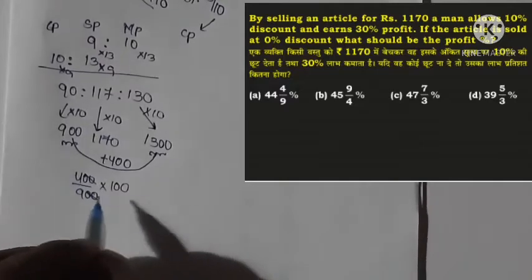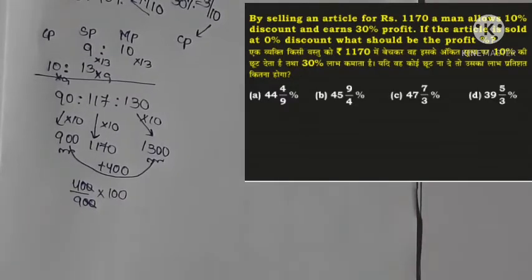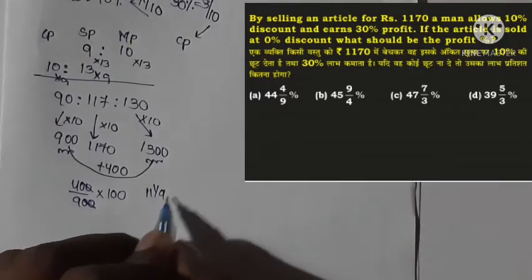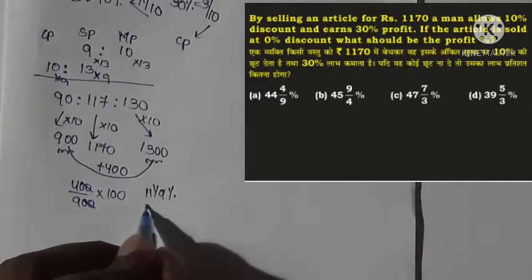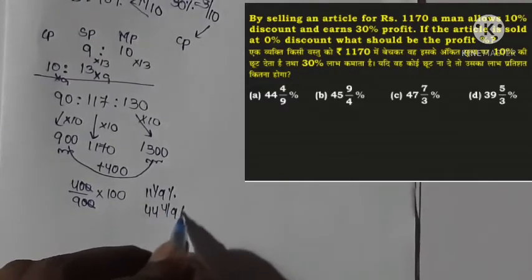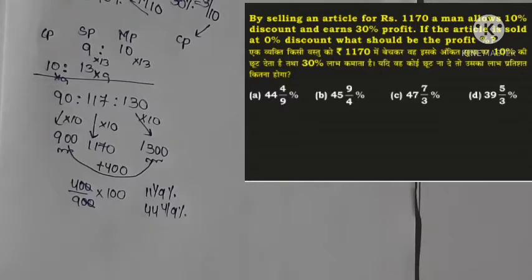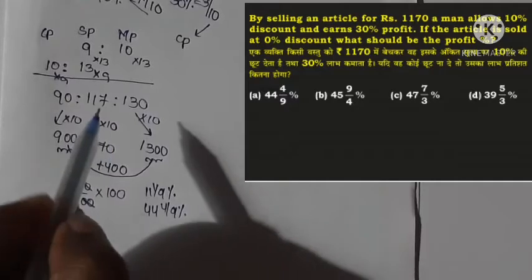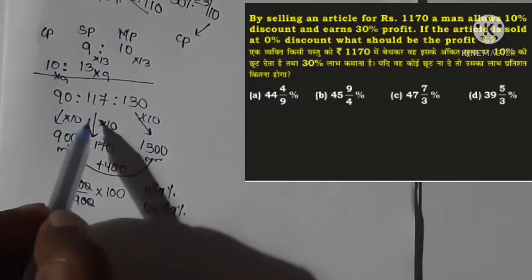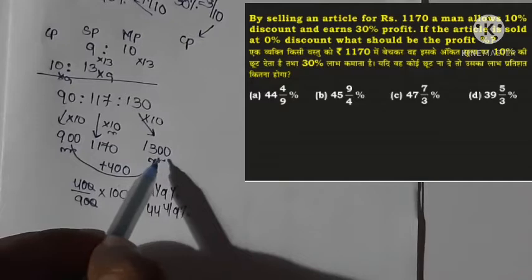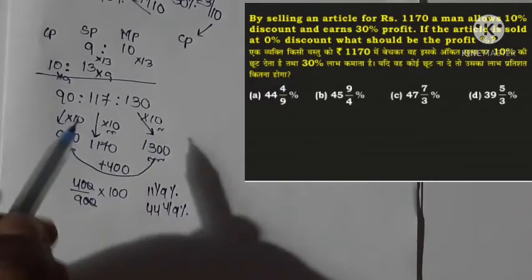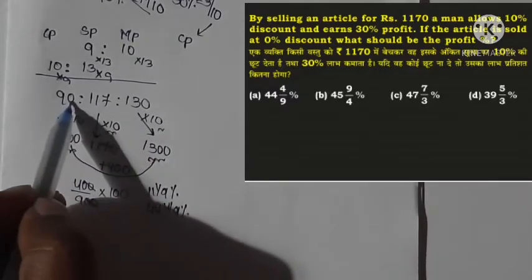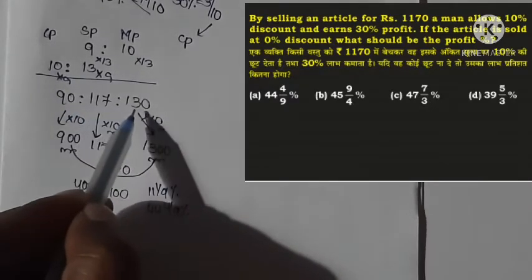The 2 zeros cancel, 4 by 9 into 100. 1 by 9 is 11 1/9 percent, so 4 by 9 is 44 4/9 percent. In percentages, there is no need to multiply the value by 10. Here the cost price, selling price and market price are in the ratio of 90:117:130.